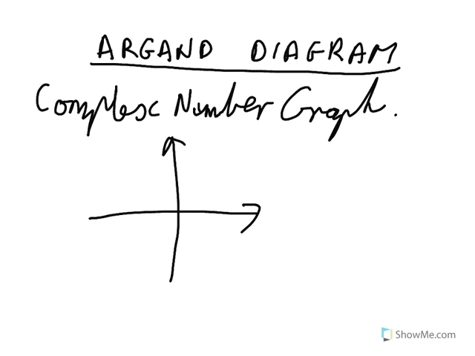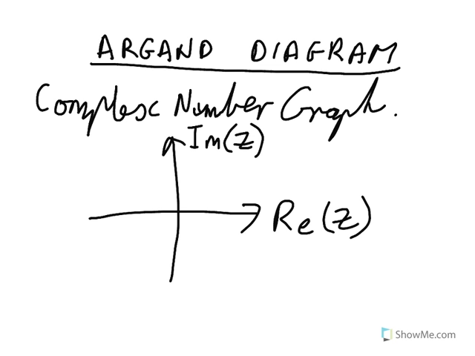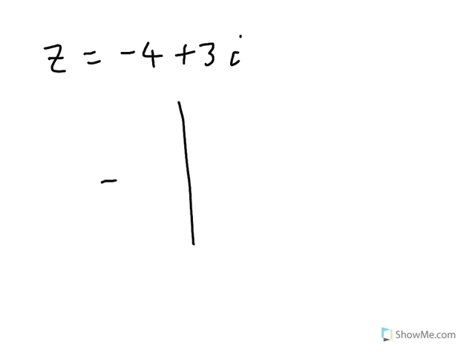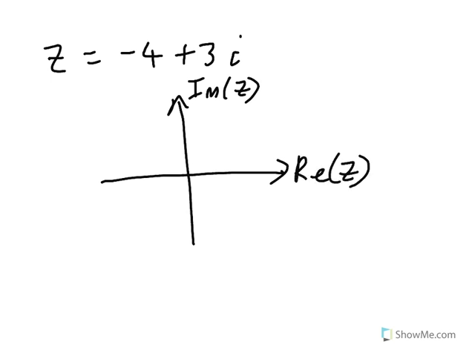And our horizontal axis indicates the real part of Z, and our vertical axis we put on the imaginary part of Z. So if we, for example, have a complex number, say Z equals -4 plus 3i, then on our Argand diagram, imaginary part of Z on the vertical, real part on our horizontal, and here's our scale.